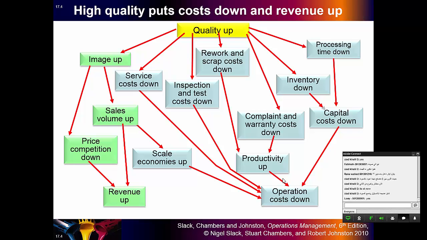Okay, so conformance means meeting the customer expectation. So quality from the customer's point of view means that this product or that product or this service is up to my expectation.